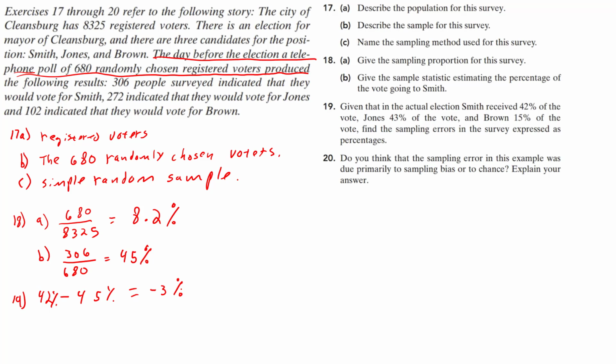There's some room for error here because we're only going to call people who had a phone. Sometimes people change their phone, and so we would get some error there. There is also the possibility of chance that we would get a sample that was different than the actual population. So I would argue it's a little bit of both.